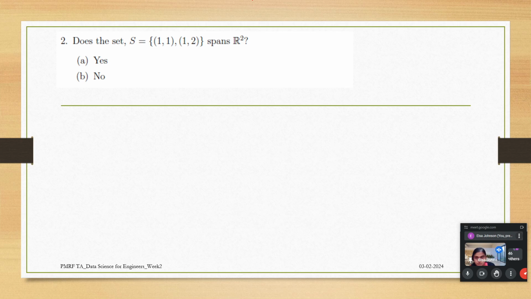So if you want to solve the whole thing, like from the start, to see whether it will span R2 or not, the whole procedure is like, first you have to give a linear combination of these two vectors. Okay, so right now it's like 1, 1, 1 and 2. So what you have to do is check a into 1, 1 plus b into 1, 2, and you name it to some vector x comma y.